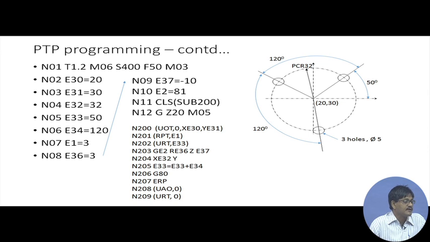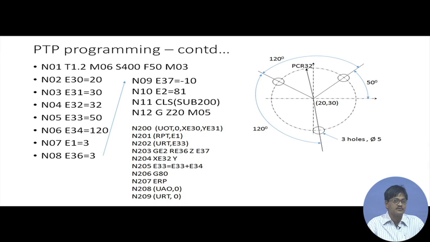Whatever was the value of E33, we add E34 to it. So, 120 degrees is added, and the angle depicted by E33 is now changed to 50 plus 120. G80, by the way, cancels the drilling cycle because we are not drilling after this, and we go for end of repeat, that means the do loop ends.